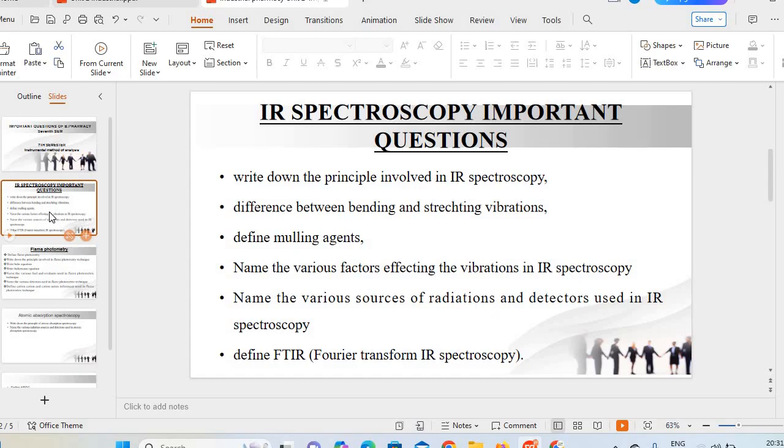So these are the 6 important questions which can come in the exam from this unit: principle of IR spectroscopy, difference between bending and stretching vibrations, define Mulling agents, factors affecting IR spectroscopy, radiation sources and detectors used in IR spectroscopy, and define FTIR.